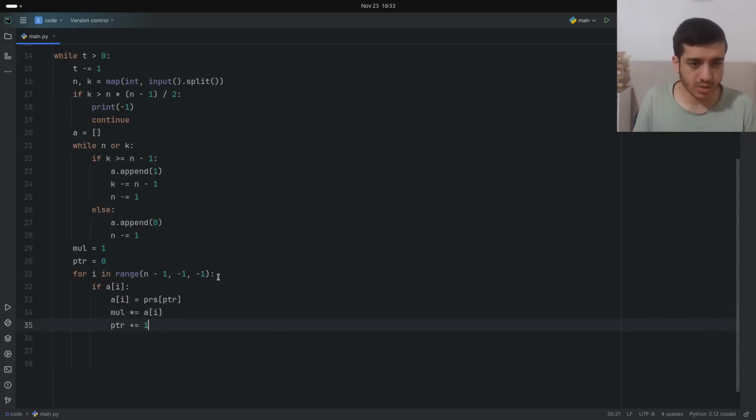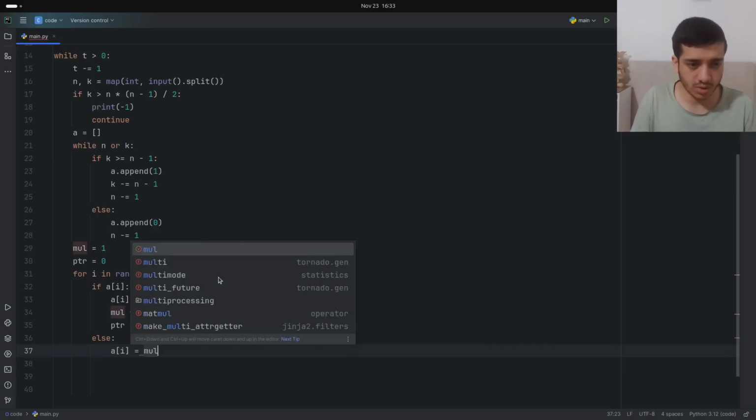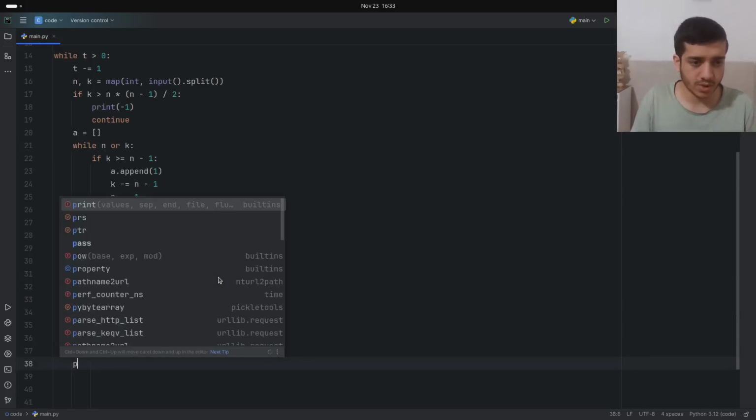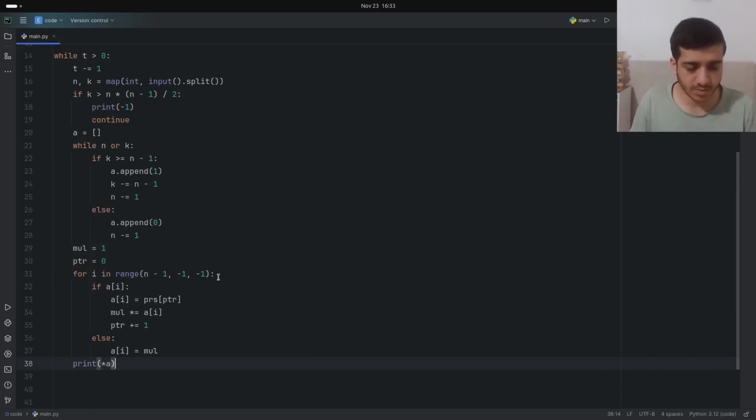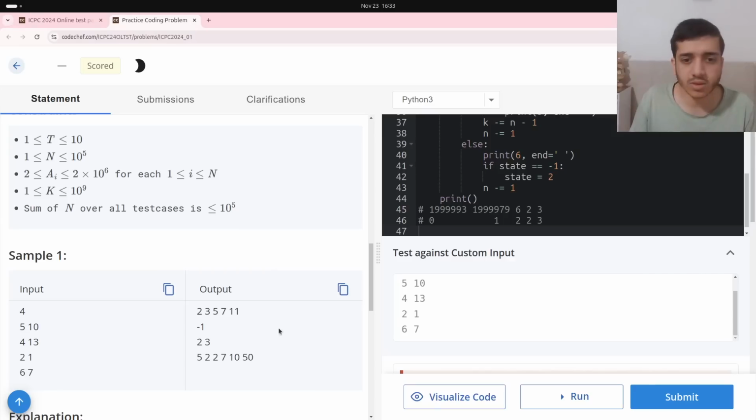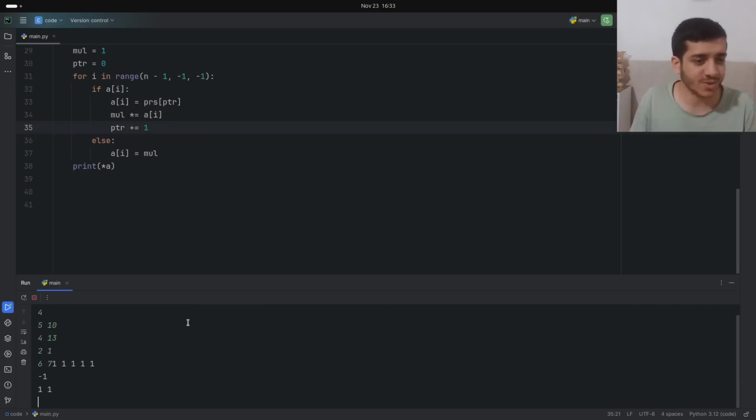Otherwise I put this to mul, and finally I print a. Looks good to you? At least it looks good to me. So let's see.